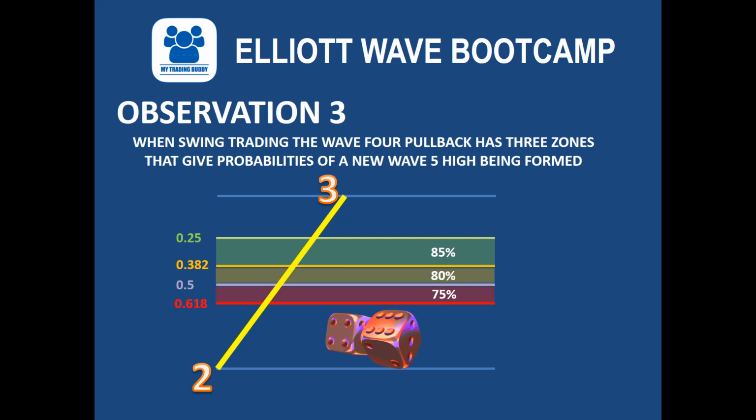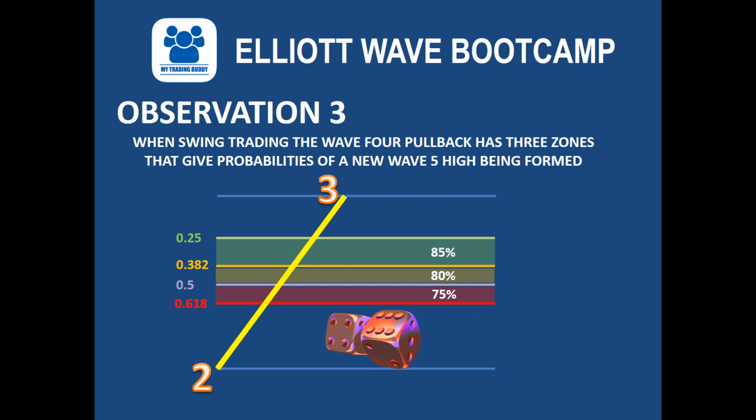Now, in 50 or 60% of the cases, that wave 5 then turns into a wave 3 when it gets longer by about 120%-ish of the original wave 3. So in half of the cases, and we can look at some in a little while, you are trading the wave 3, but at that point in time, you've met all the criteria, all the observations, all the rules, and all the other indicators that we talk about in the strategy in the next session, and you're trading that high probability move.